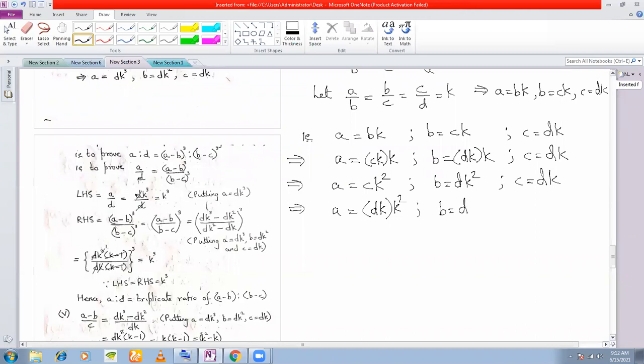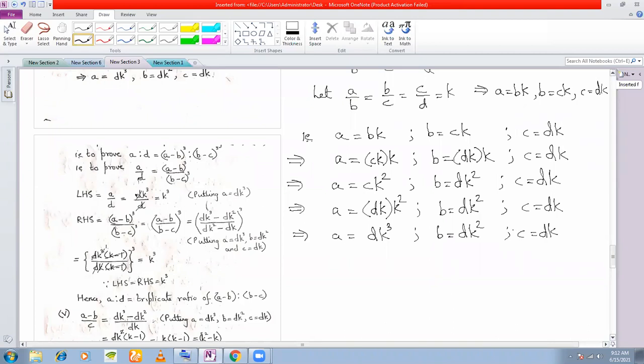B is DK square. B is already in terms of D, and C is equal to DK. So ultimately what you are getting is A is equal to DK cube, B is equal to DK square, and C is equal to DK.